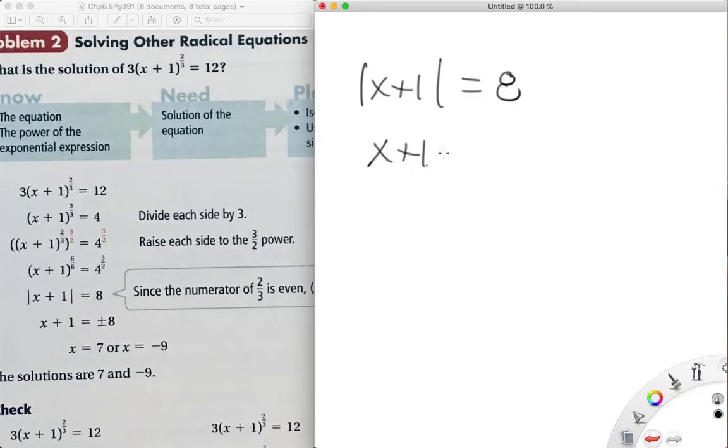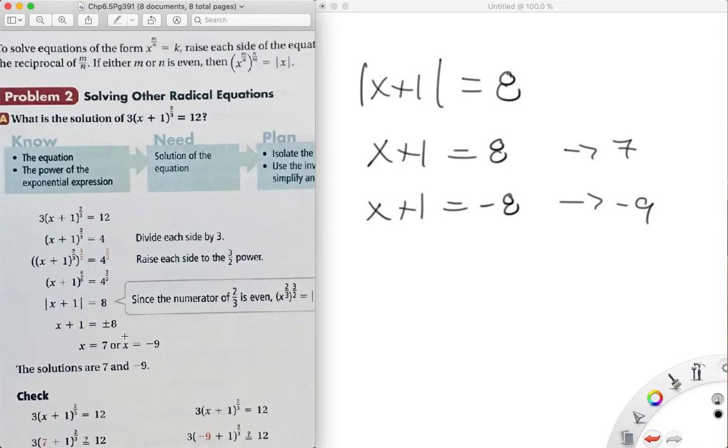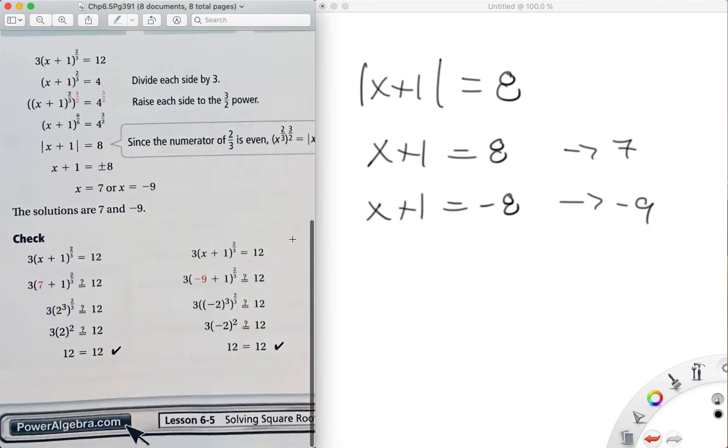It's x plus 1 equals 8, or x plus 1 equals negative 8. And then we solve for both. Subtract 1, this would be 7. Subtract 1, this would be negative 9. You will have 2 answers. And then they did their checks and it works for both.